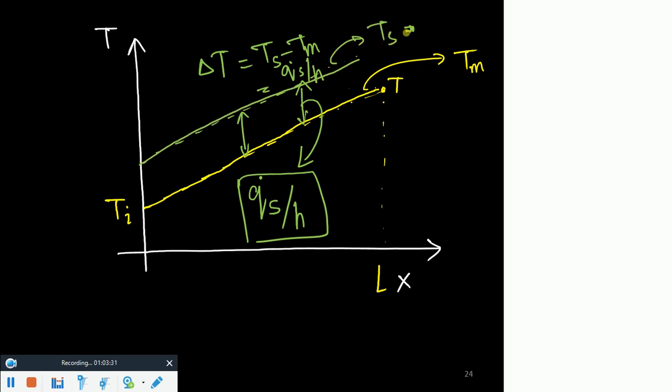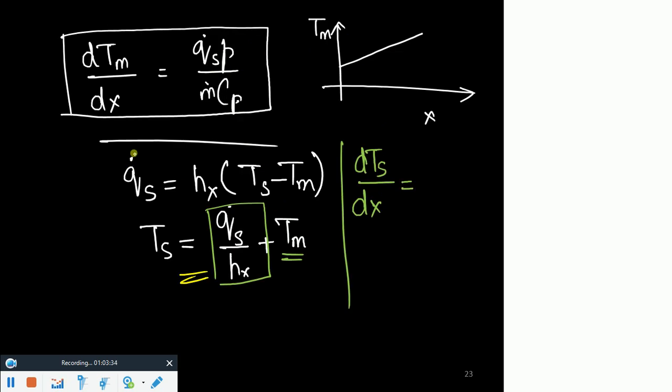So if dTm over dx is equal to this thing, so dTs over dx would also be equal to this thing. Why? Because they increase at the same rate. Okay, and for what boundary condition is it happening? Constant flux condition.